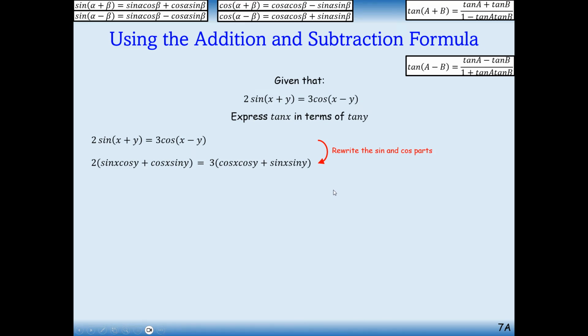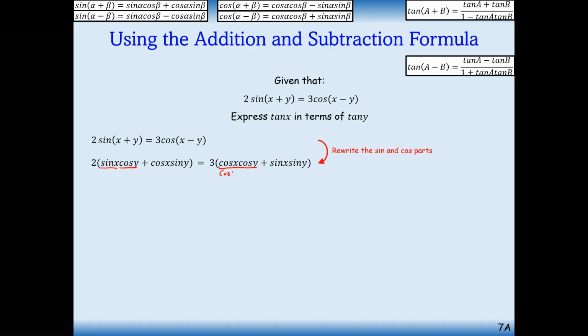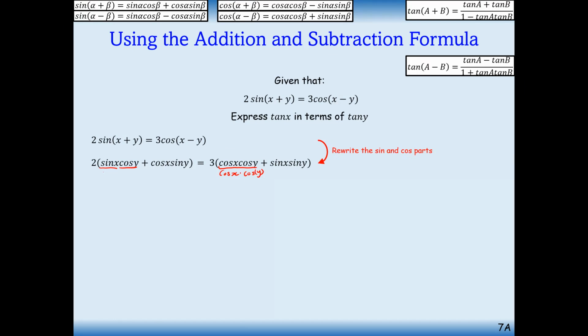Okay, so as always, there is something that's special about cos x cos y. We're going to take each and every term here and divide by cos x cos y, because that turns out to make these terms into tan. So this term will become a 1 inside the bracket.